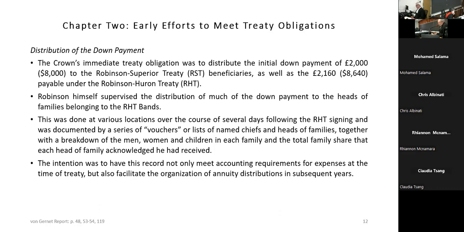So by setting up this list or series of vouchers, he had a record. And the intention really was not only to meet the accounting requirements, because Robinson had to make sure that every penny was accounted for. And so he ended up creating this record, which was sort of like the precursor to the pay lists, which we see in the archival record for the next few generations.